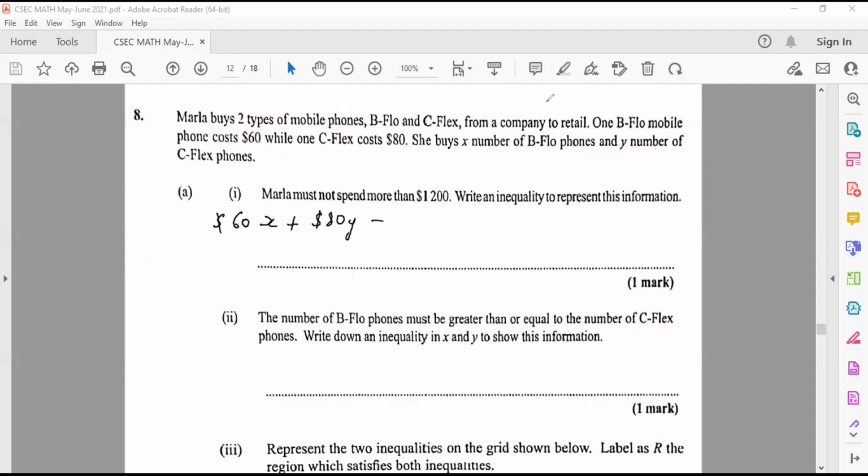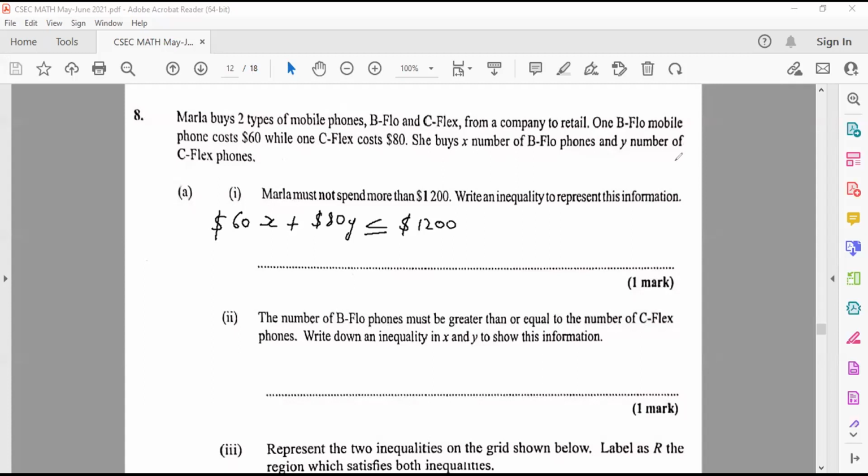In fact, I used the wrong inequality sign there. I'm supposed to get less than or equal to $1,200. Does that make sense as I was writing it? It makes sense, sir. Good. And that's the inequality that they're asking us to represent.